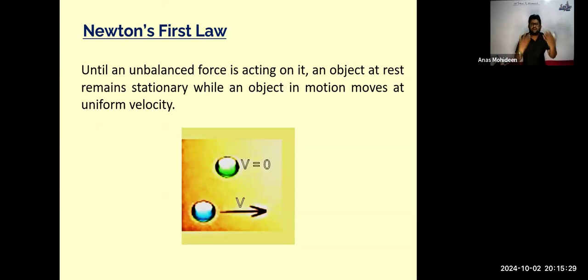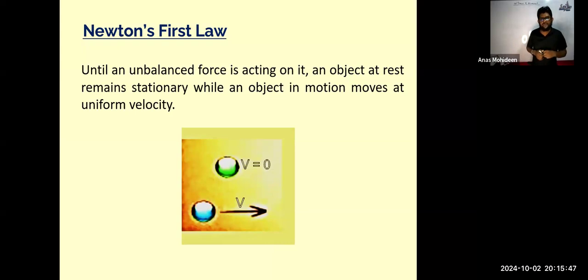You have to overcome that, depending on the medium. The excess of force you give beyond the maximum opposing force is what we termed the unbalanced force, the resultant force. The laws are given related to this unbalanced force.